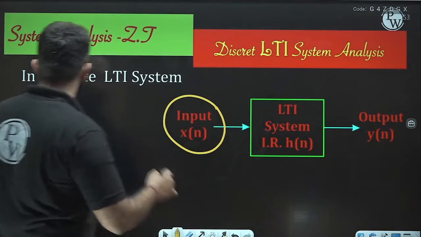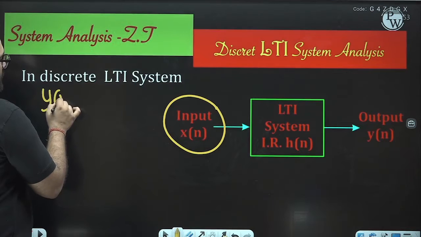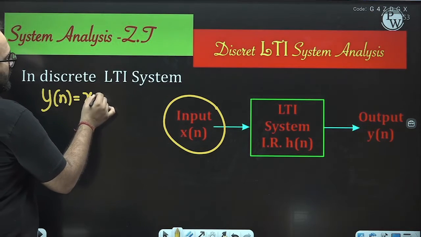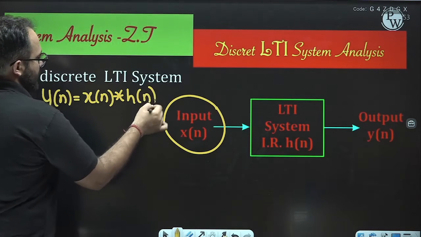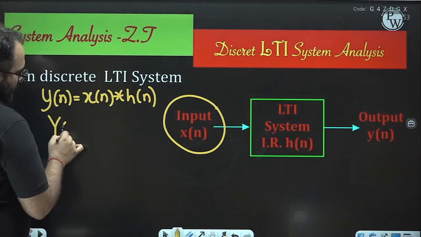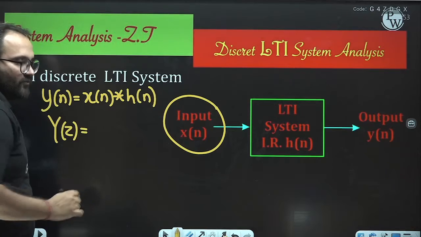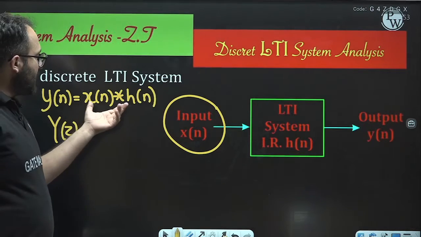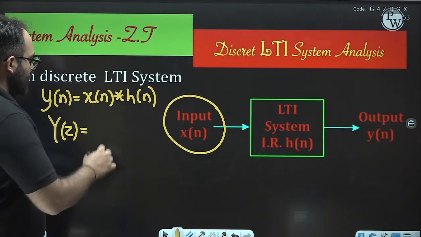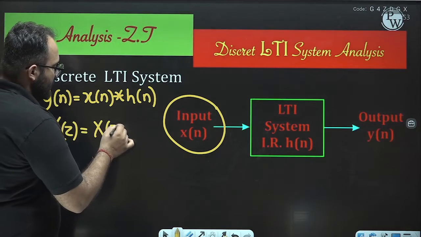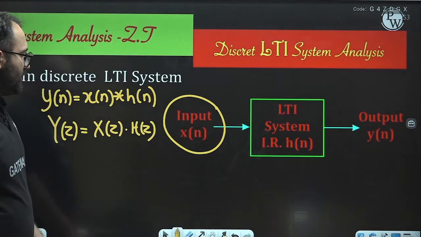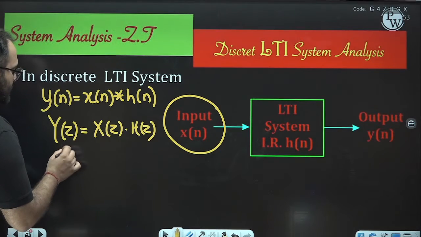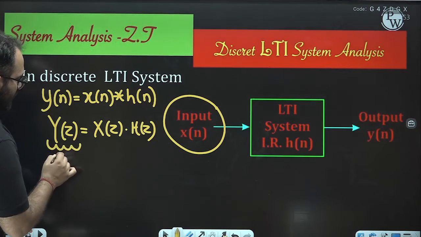We know that y[n] is equal to x[n] convolve h[n]. So if we convert into Z transform using the property that convolution in time domain is multiplication in Z domain, X(z) multiplied by H(z). Okay, so from here we can see that this is the Z transform of output.